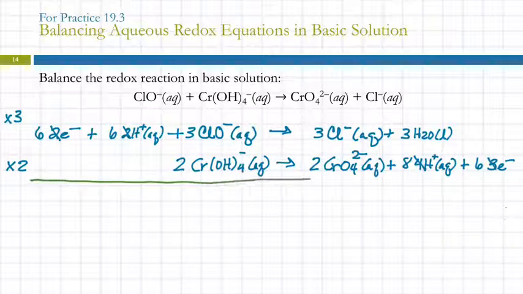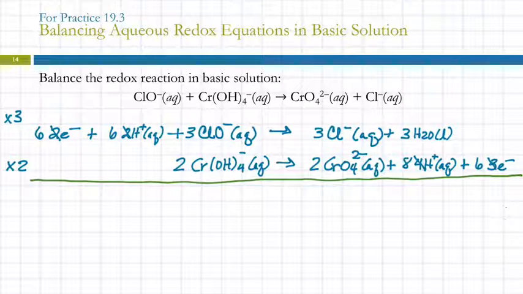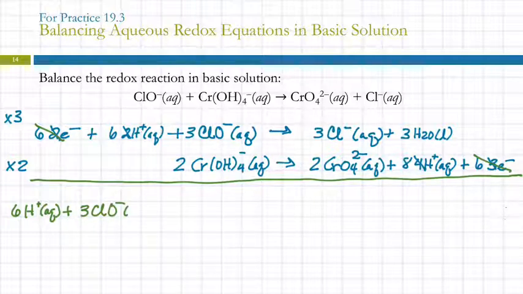Okay, so I'm going to fix the basic part of it at the end. I can cancel out my electrons because that's how I designed it. And now I'm going to write down what is left. So I have 6 H plus, and I have 3 hypochlorite, and 2 of those chromium guys.